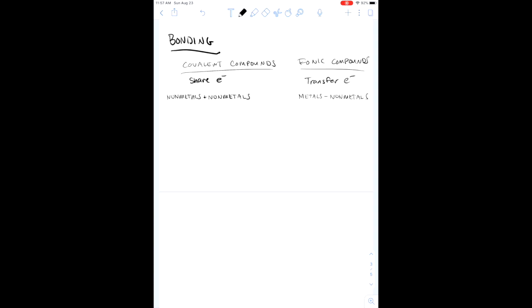Covalent compounds are nonmetals and nonmetals combining. And that's basically all the stuff on the right side, right? So an example could be H2, hydrogen gas, or ethane, C2H6, for covalent compounds. And then ionic compounds, remember, to pinpoint those, you just look for a metal, right? So lithium bromide or sodium amide, NaNH2.